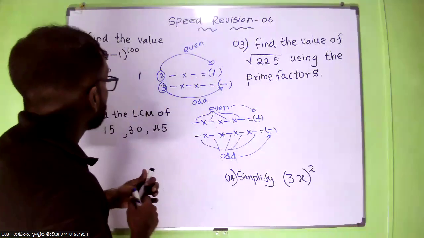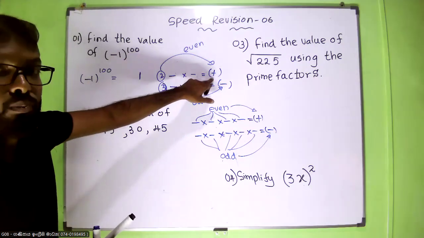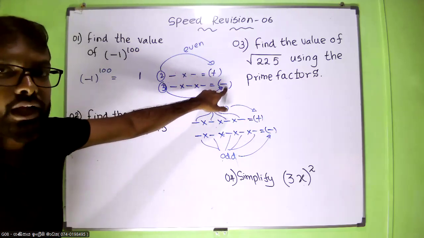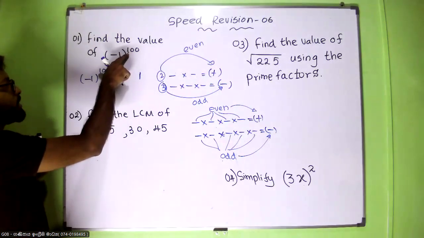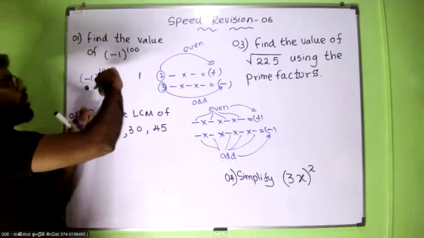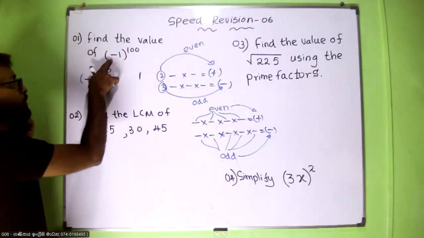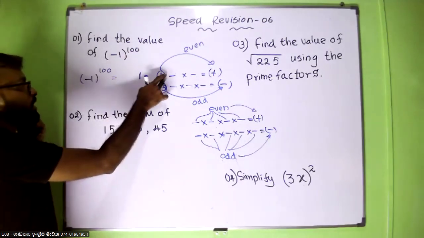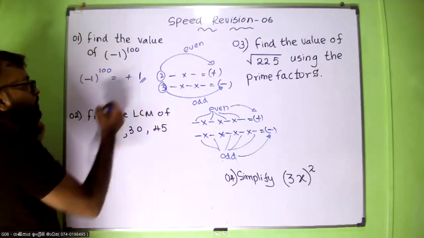So that means if your power is even, you will have positive. If your power is odd, you will have negative value, right? So what would be this power? 100 is even or odd? 100 is even number, negative sign, even, right? Negative, even, positive. So this is positive one, right?